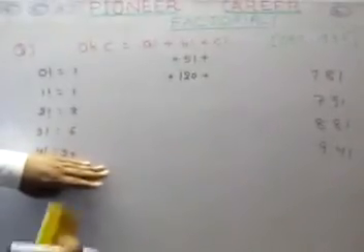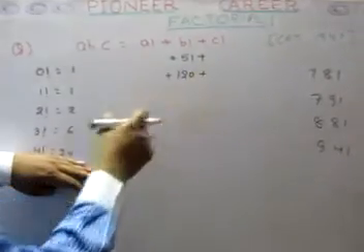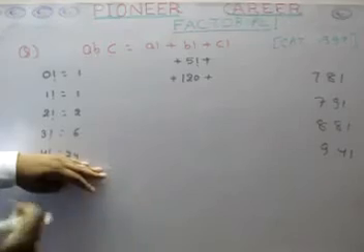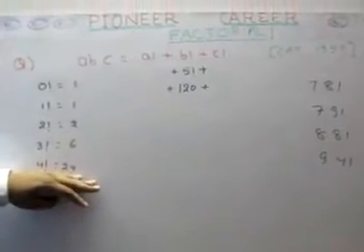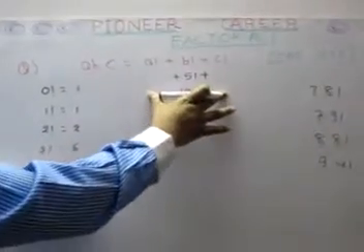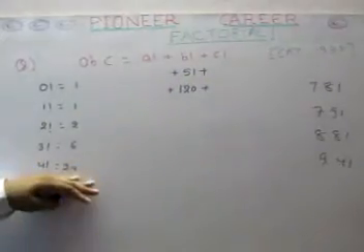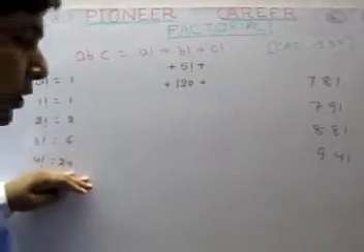Now 120 plus any 2 of them, the total summation must be more than 120 but less than 200. In other words, this complete summation must be more than 100 but less than 200.